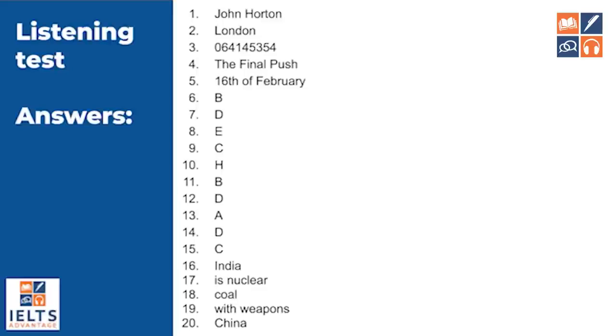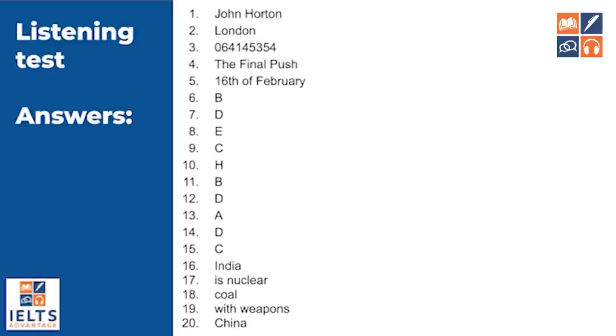Number 5, you can have the 16th of February or February 16 or 16 February. 6, B, 7, D, 8, E, 9, C, 10, H, 11, B, 12, E, 13, A, 14, D, 15, C.